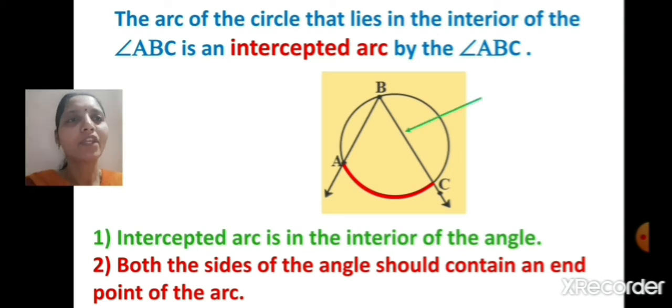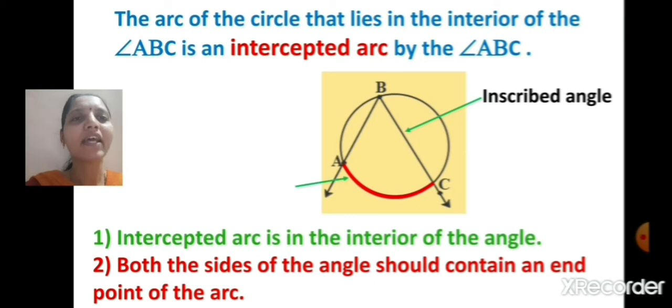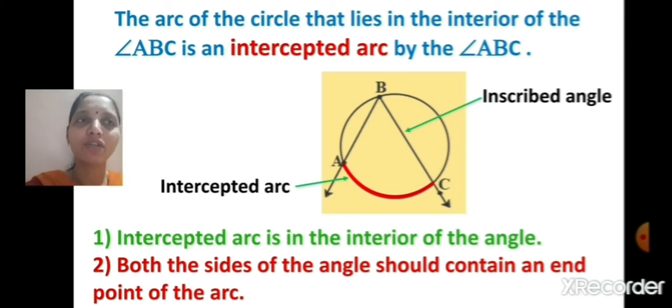So here in this figure, angle ABC is called the inscribed angle and arc AC is called the intercepted arc. Don't confuse between the inscribed angle and the intercepted arc. And this angle ABC is inscribed in the arc ABC.